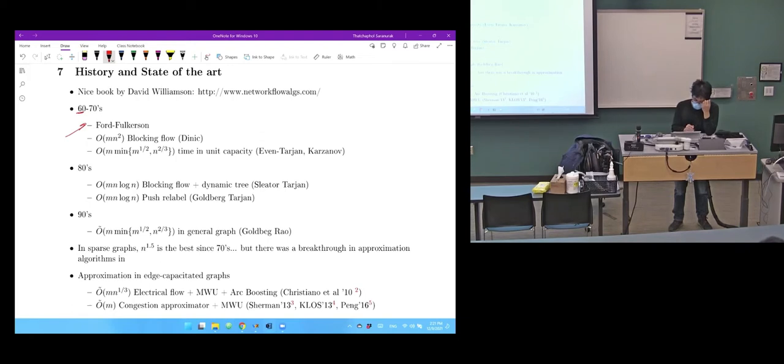But the point is that people got stuck at something like m to the 1.5 from the 70s, even in the unit capacity case; in the general case it is quite slow. But in unit capacity graphs, people can get m times root n, either by blocking flow or push-relabel, which we have seen in class.